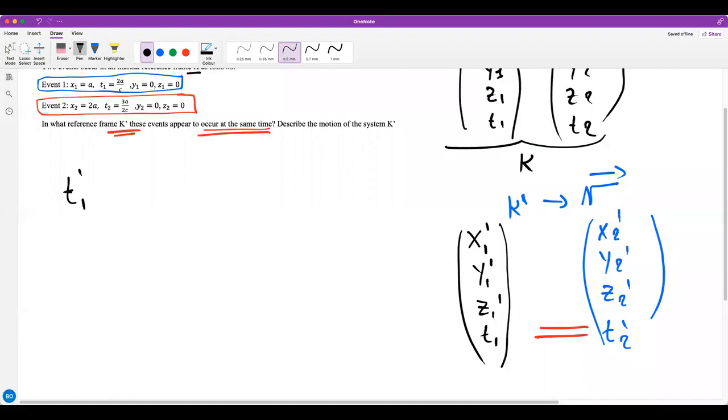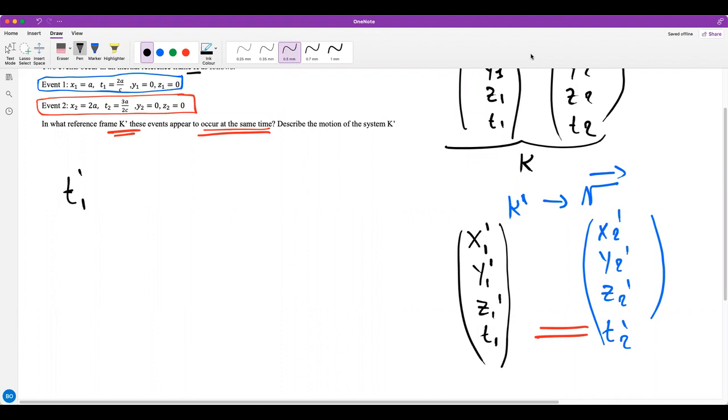Now the first thing to do is to write down the Lorentz transformation between time t prime and time t. The time t prime is the one recorded in the moving reference frame, and the time t is the one recorded in the K reference frame.